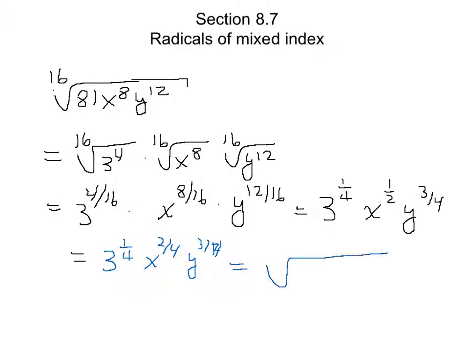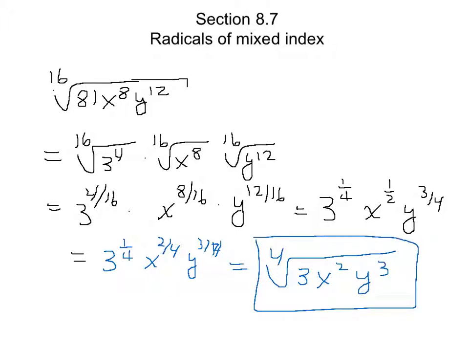All of them have an index of 4 now, and it's going to be the fourth root of 3x squared y cubed. Alright, so that supposedly is the simplified version. The index is smaller, the powers are smaller, so it looks like it is. Alright, so that's one type of example.